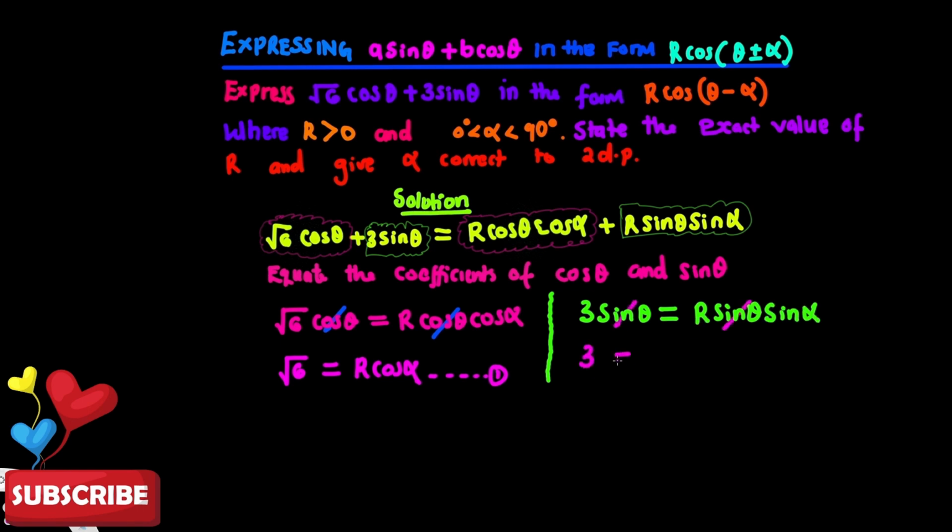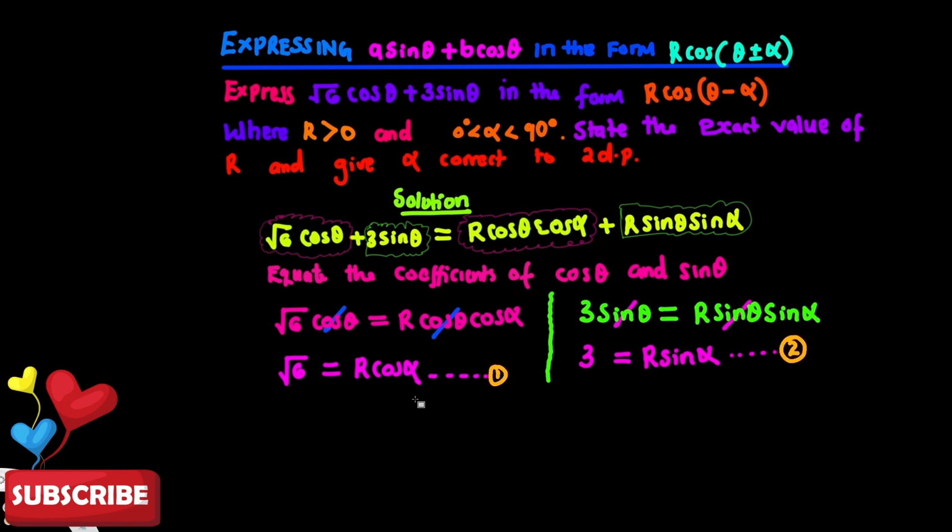We're going to remain with 3 equals r sine alpha, and this becomes our second equation. So meaning we're going to solve these two equations in order to work out the value of r and the value of alpha.